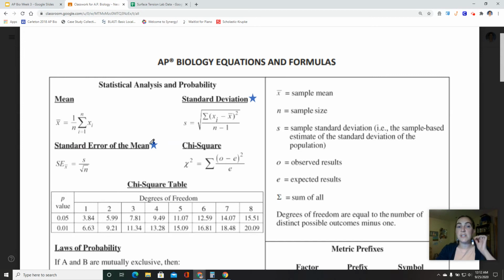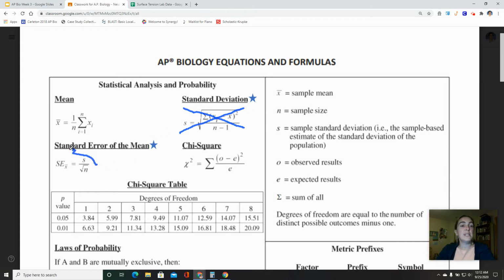They have these stars next to them because, like I said, you will not need to calculate these on the AP exam. I would strongly recommend that if you have access to a computer with a spreadsheet or a graphing calculator, that you never try and do this calculation by hand ever for standard deviation. It's possible. It's just really tedious and slow.